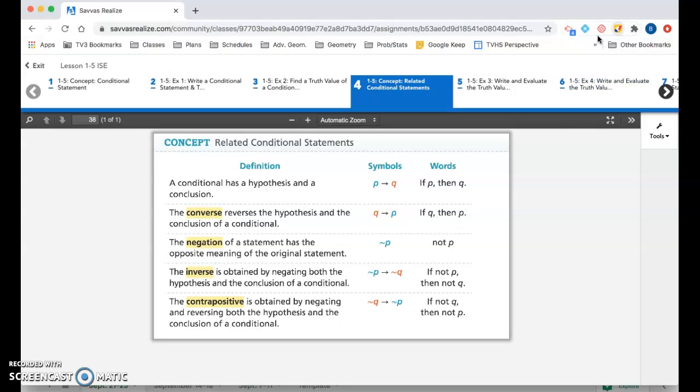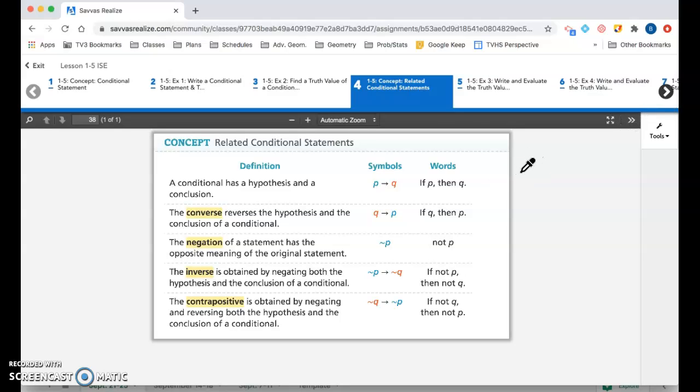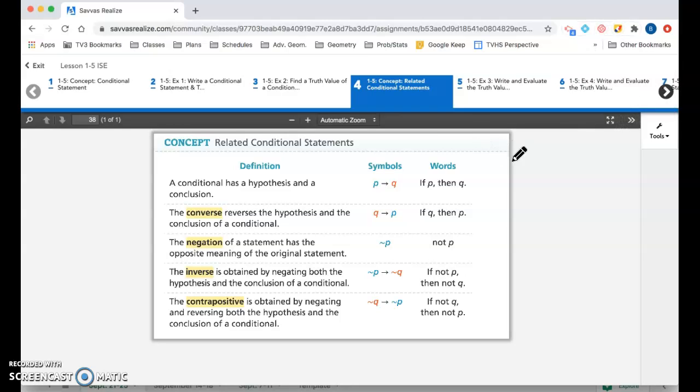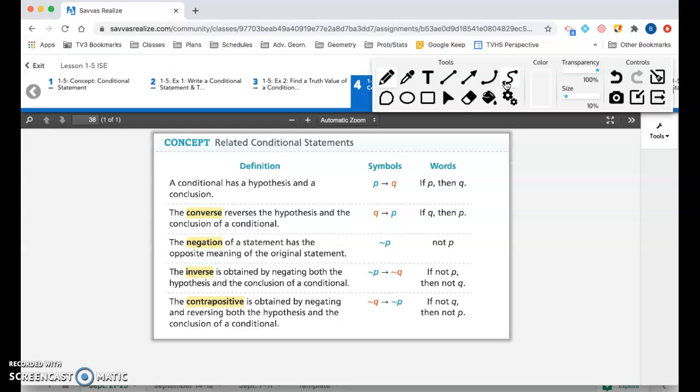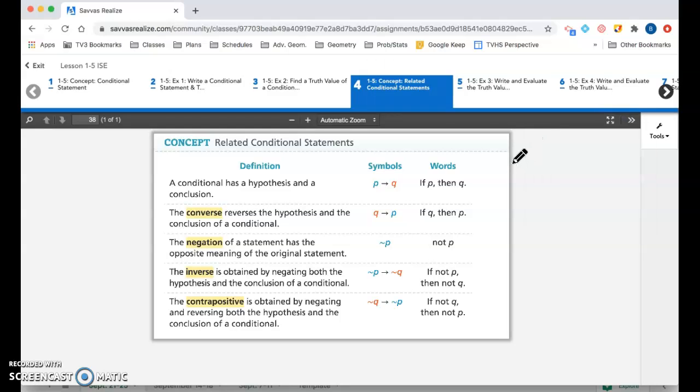So to give an example, let me pull up my pen here. Oops, I pulled up the wrong tool. There we go. Now let's try it one more time.